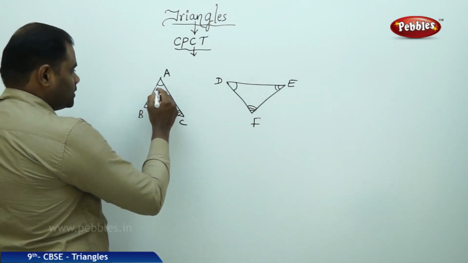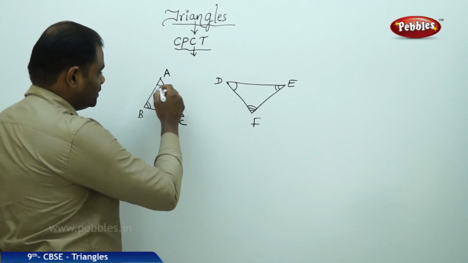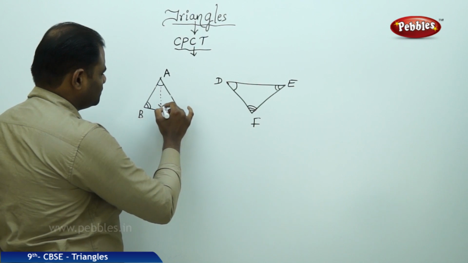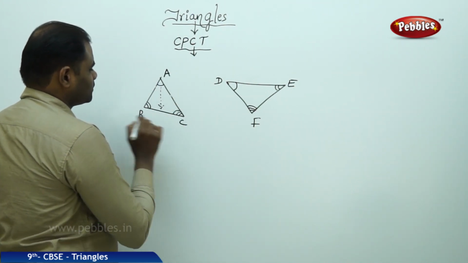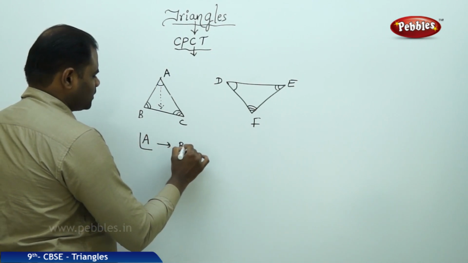As can be clearly seen, let's choose the side opposite to the first angle A. So here I have my side which connects to angle A. The side which connects to angle A is BC.